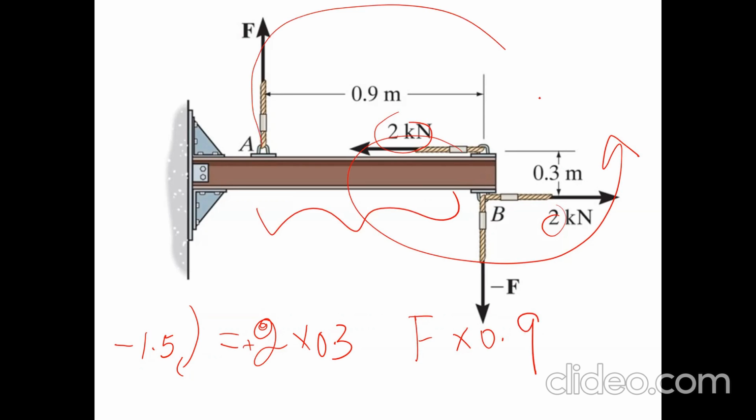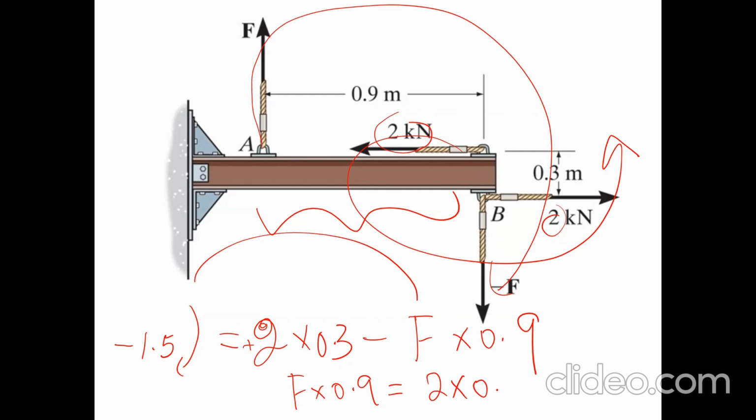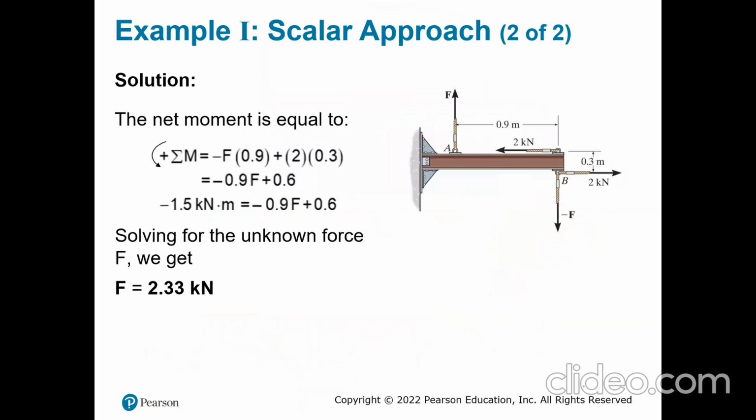This F is creating a clockwise direction, so that's going to be negative. I need to find my F. So I take F times 0.9 equals, I take F to that side and bring 1.5 to this side. So it's 2 times 0.3 plus 1.5. That's going to give my magnitude of F, which equals 2.3 kilonewton.